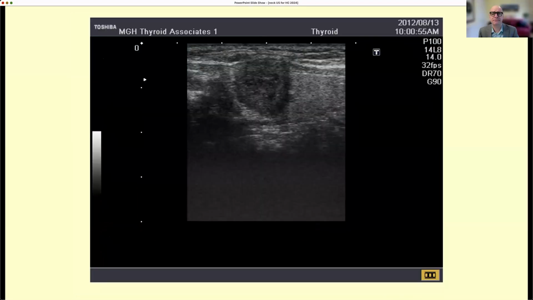Any takers on this one? This is an old image done with an ultrasound that is not very good, but here it does give a message. It's a hypoechoic nodule. It looks like there's an extrathyroidal extension because it goes into the capsule there. Well, that's a good point. First of all, it's a nodule that is taller than wide, right?